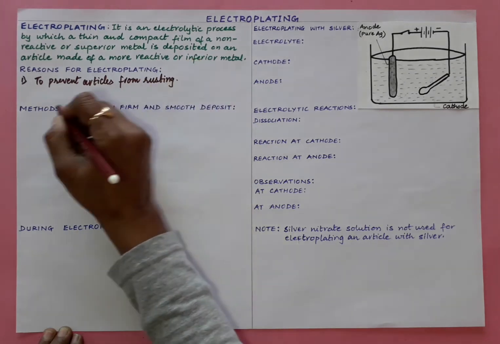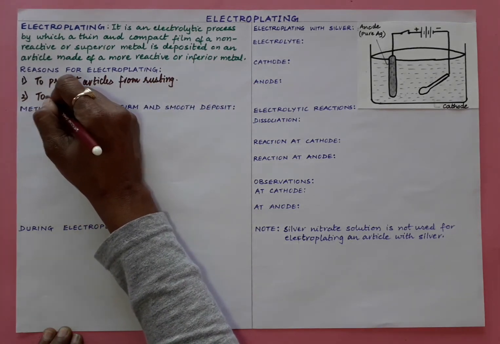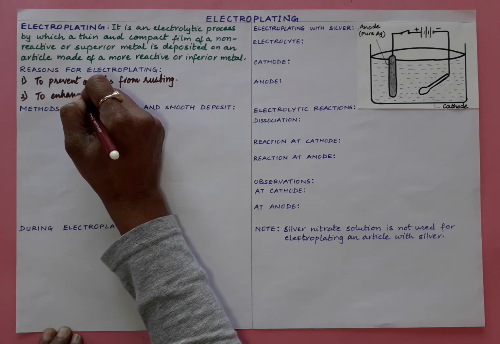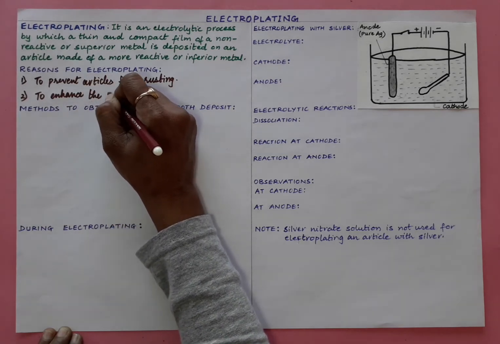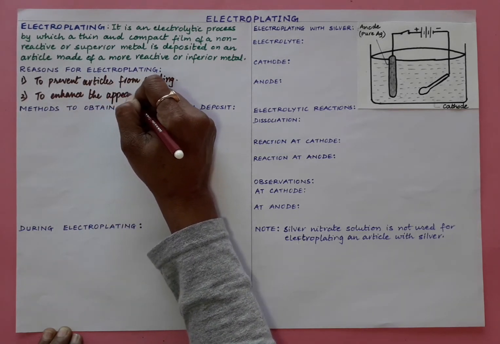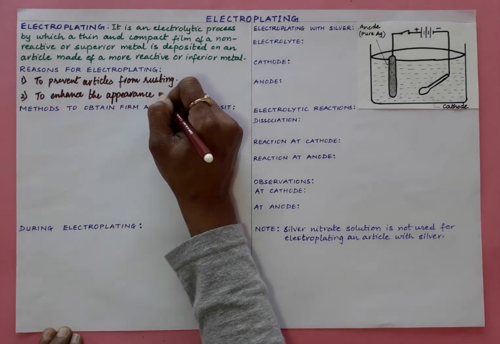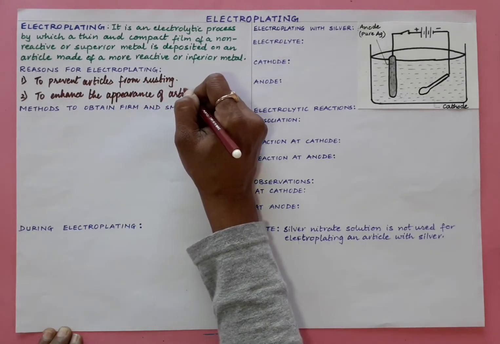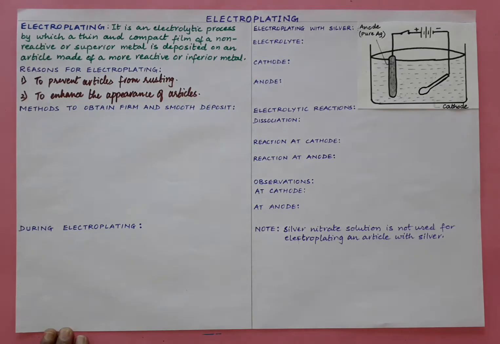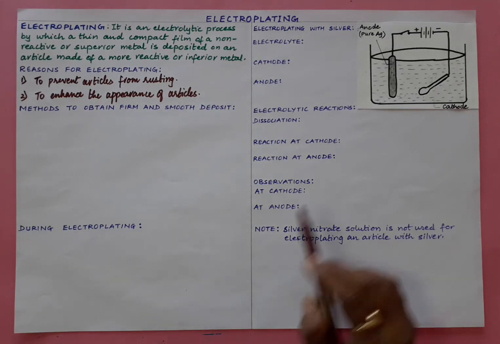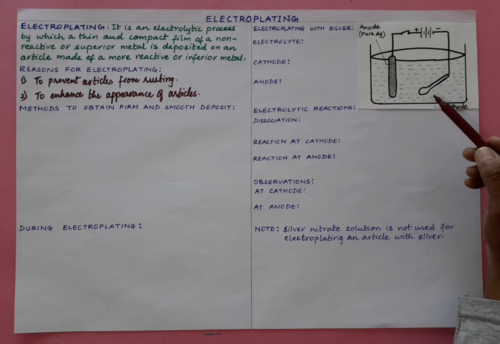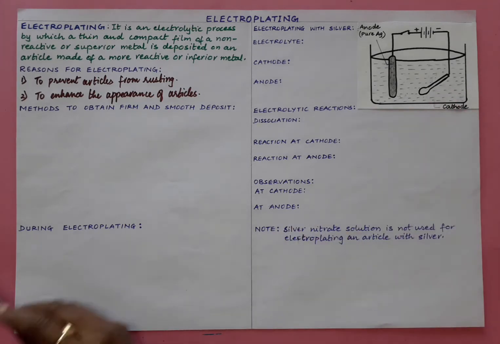Second is to enhance the appearance of the object or the articles, right? So these are the two reasons why we are doing electroplating. So if we want a spoon with a silver coating, we are actually enhancing the appearance of this spoon.